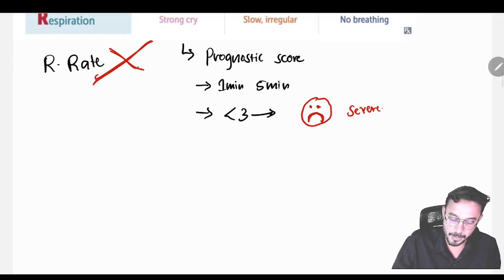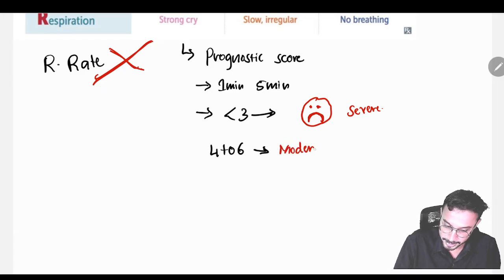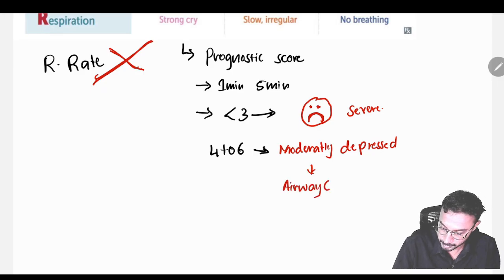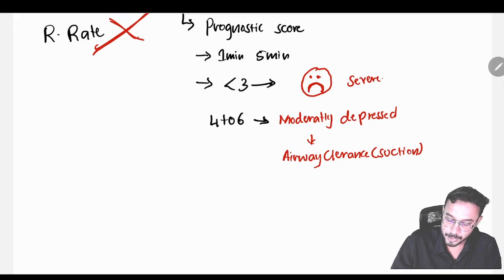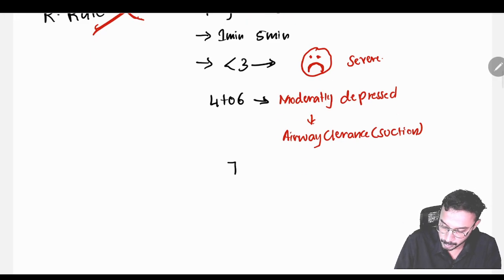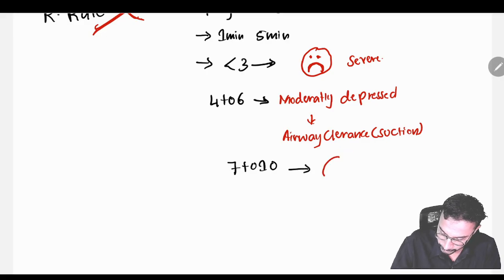And if your Apgar score is between 4 to 6, the child is moderately depressed, and you need airway clearance. How do you clear the airway? Through suction. Suction may be needed in 4 to 6. And if your score is between 7 to 10, then it is completely fine.